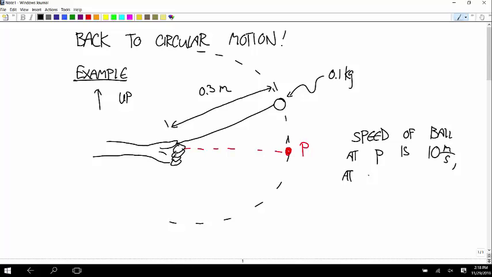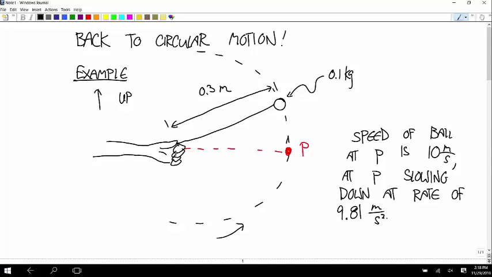And at P, it's slowing down. It's on its way up, so it's slowing down at a rate of 9.81 meters per second squared.